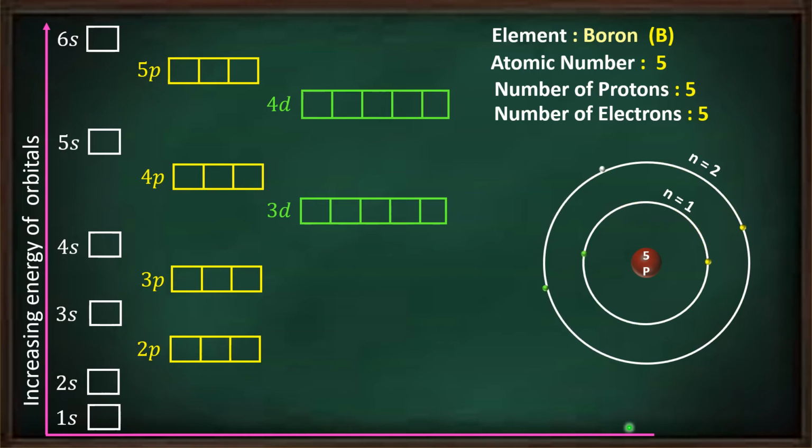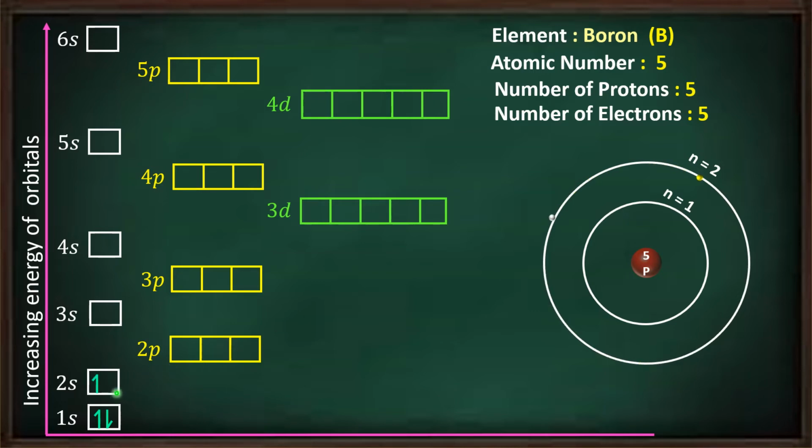So the first electron, this one, enters into the 1s orbital. Second electron pairs up with this electron. So the 1s orbital is completely filled. Then electrons enter into the 2s orbital, isn't it?